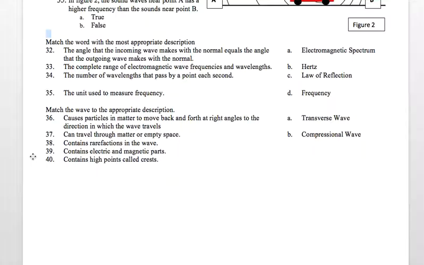Contains rarefactions in the wave, A, transverse wave, or B, compressional wave. 39. Contains electric and magnetic parts, A, transverse wave, or B, compressional wave. Number 40. Contains high points called crests, A, transverse wave, or B, compressional.